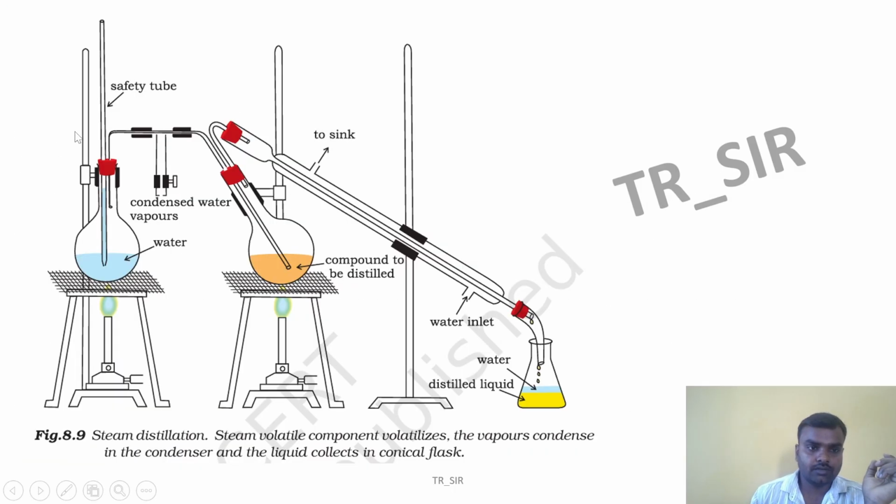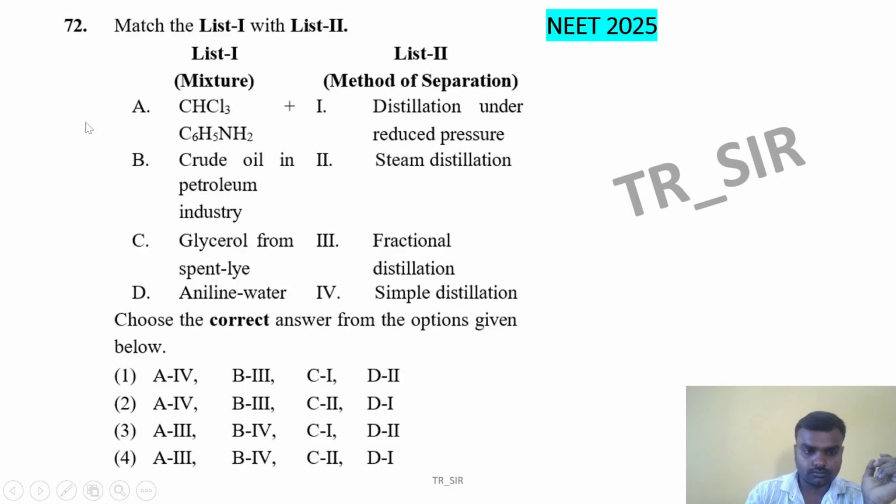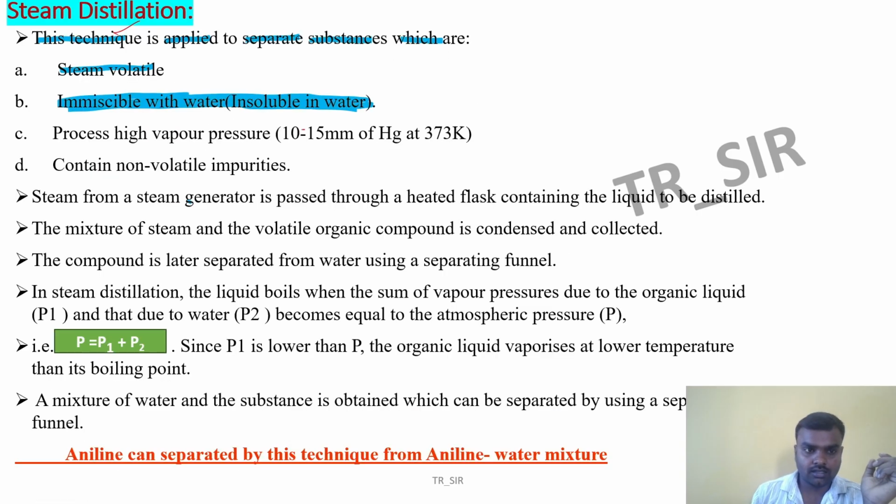Third condition: the process operates at a pressure of 10 to 15 mm of Hg at 373 Kelvin. Fourth condition: it contains non-volatile impurities, which will not be vaporized and are easily separated from the liquid mixture.